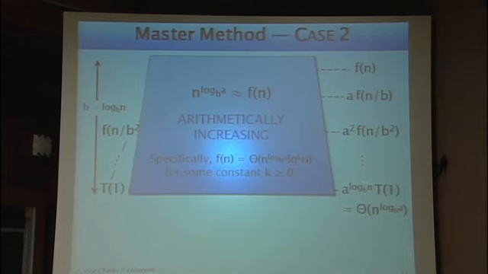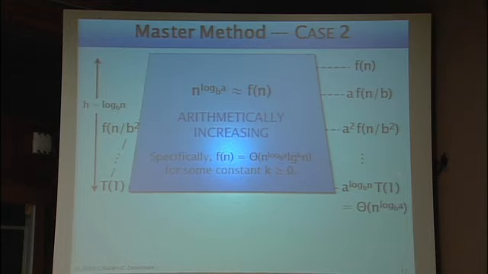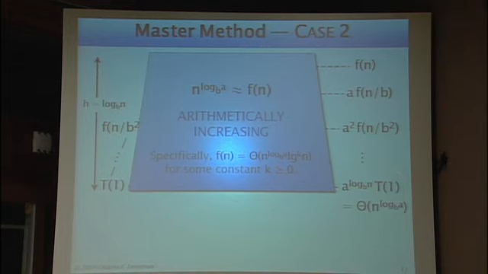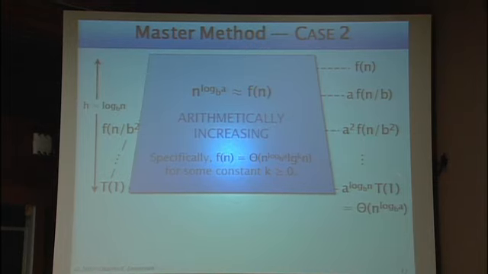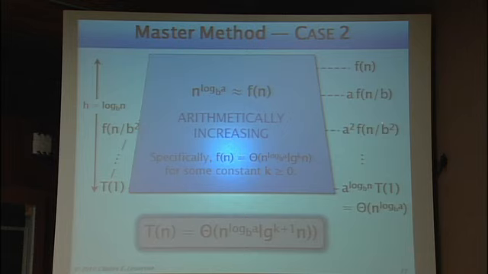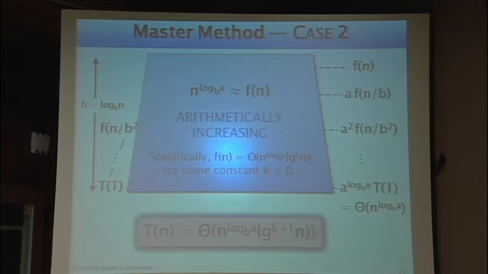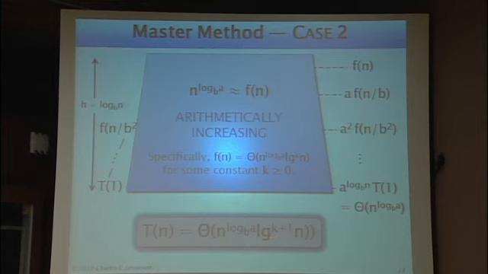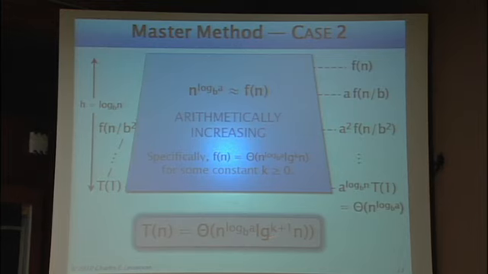In that case, it turns out that every level has almost exactly the same amount. And since there are log n levels, you tack on an extra log n for the solution. In fact, the solution has one more log. If it's growing arithmetically with layer, you basically take on one extra log. It's actually like doing the integral of an arithmetic series.